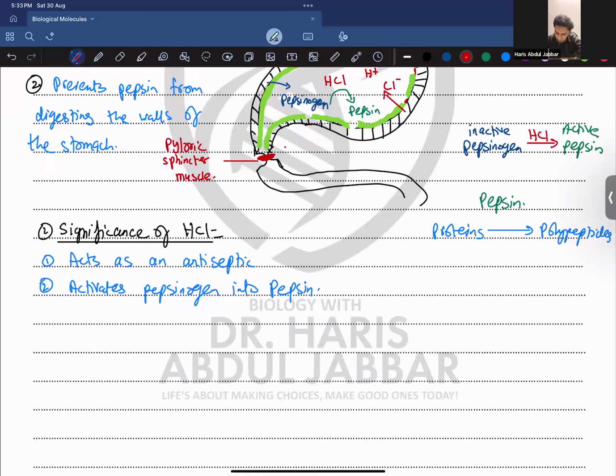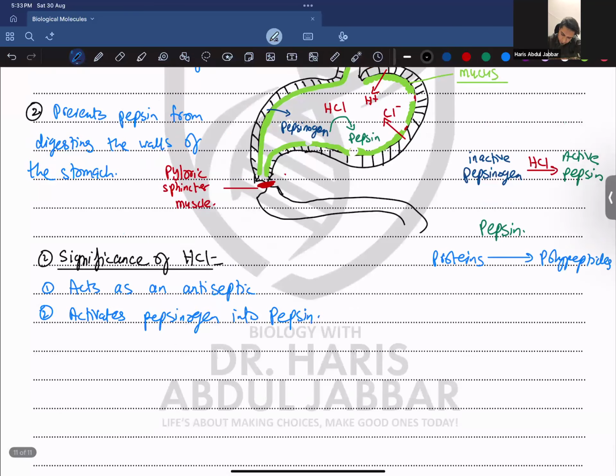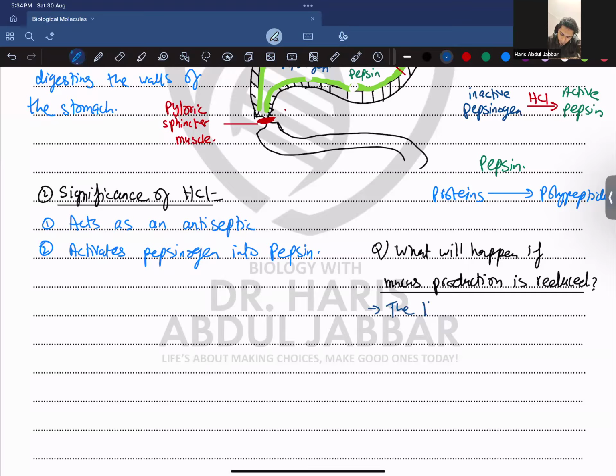Okay, moving on. Now see another thing. We made this question: what will happen if mucus production is reduced? So we'll say that the HCl and pepsin will damage the stomach walls, causing ulcers.